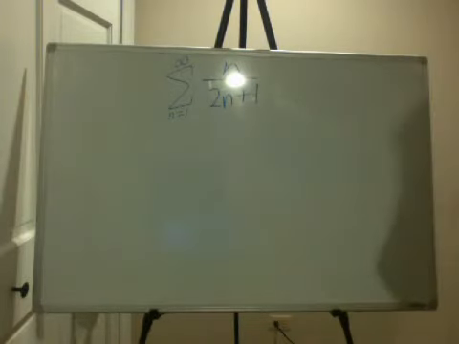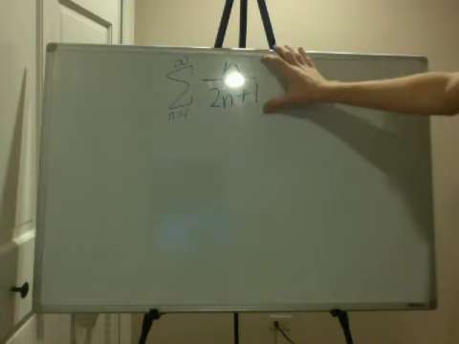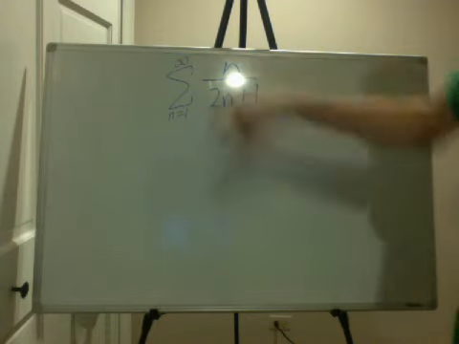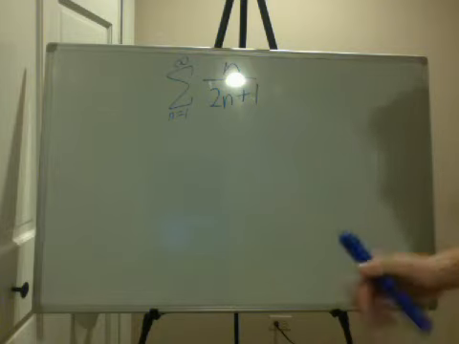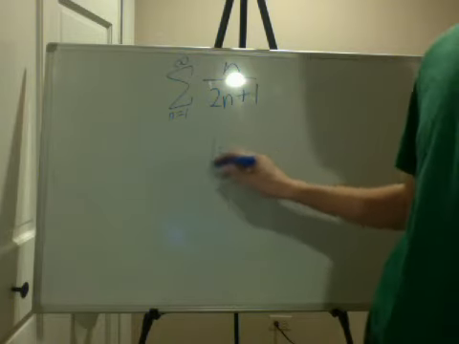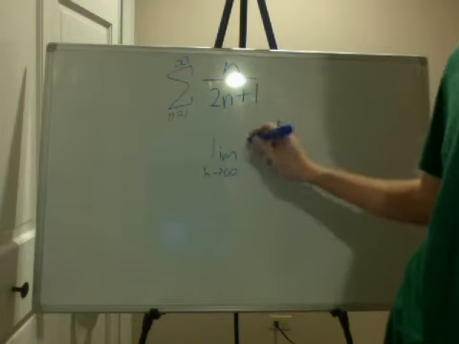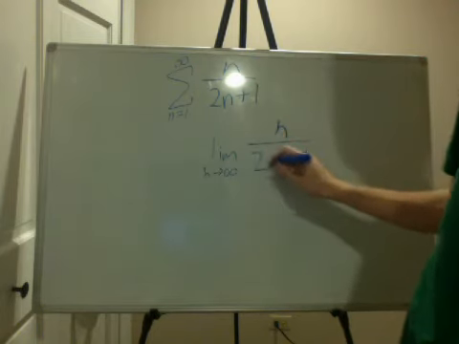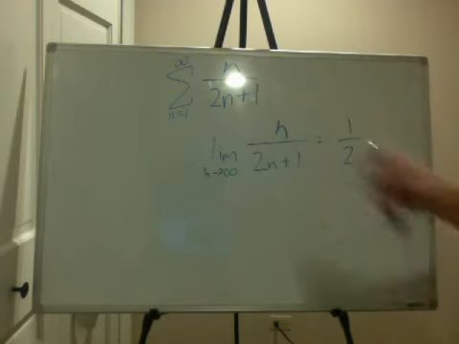The nth term test is basically saying that if you take a limit of your series right here to infinity, and it equals something that is not 0, then it must diverge. So, for example, in this exact one, taking the limit as n goes to infinity of n over 2n plus 1, you would get 1/2. Remember from the very first unit of this year, you would just use the leading coefficients?